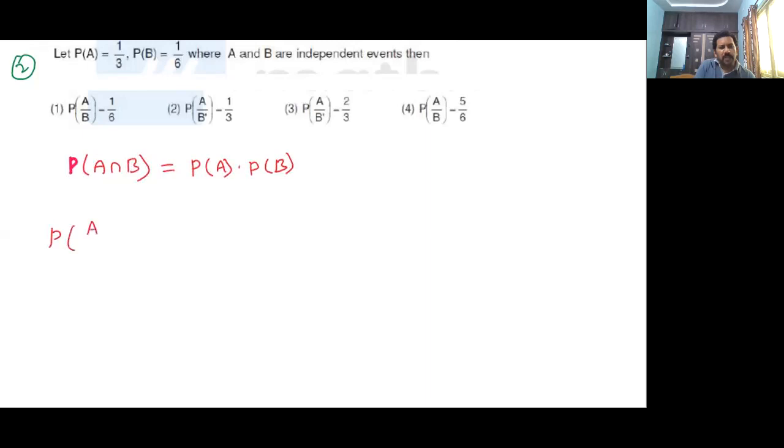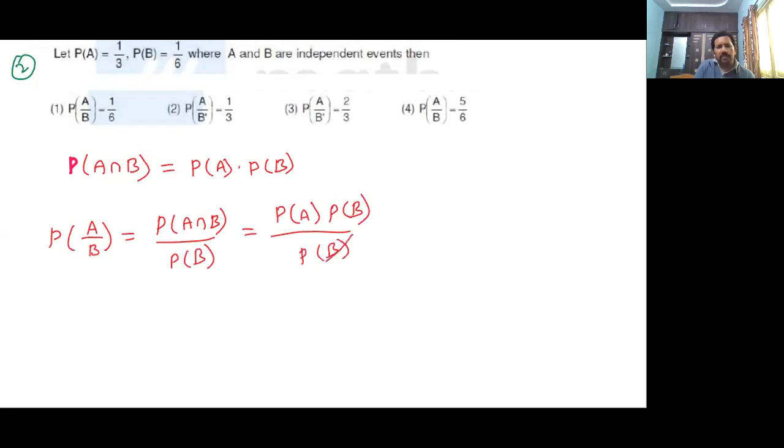In first option and fourth option, P of A by B value given. What is P of A by B? That is P of A intersection B divided by P of B. But P of A intersection B, we know the formula, P of A into P of B divided by P of B. So P of B cancels. Remaining is P of A. What is P of A value? 1 by 3.